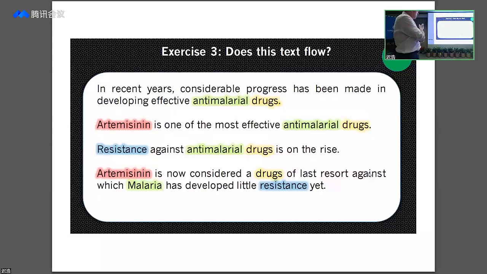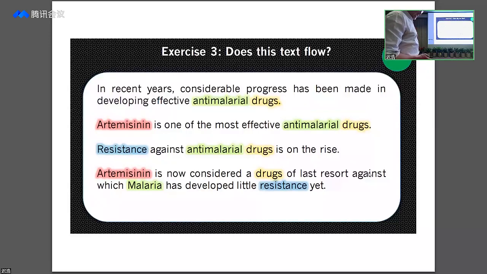The next sentence starts with artemisinin, and then it has drugs, malaria resistance in the sentence. So just by analyzing the last terms in the sentences and the first terms in the beginning, you might get an idea of what the problem is here.